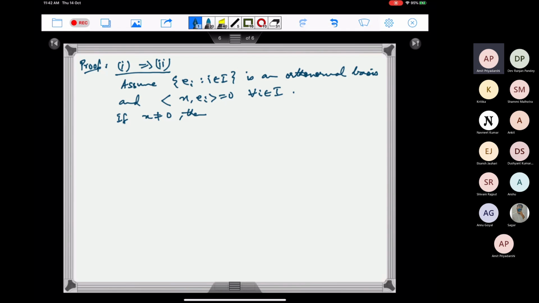So if we look at this set e_i, i in I, and then we include this vector x by norm x, each vector here is a unit vector, and also this is an orthogonal set because e_i, i in I is already orthogonal, and if I take the inner product with x by norm x, then that is equal to 0 by the condition that x dot e_i is 0 for all i.